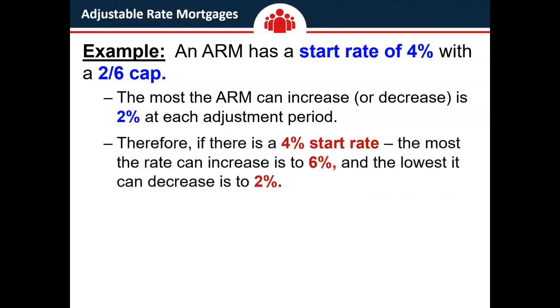So say if we have a start rate of 4%, the most that it can increase is another 6%, and the lowest that it can decrease to is 2%. You're starting with 4. It's scheduled to adjust. If the most it can go up is 2%, 4 plus 2 is 6. But what if you're starting at 4? What's the max it can go down? 4 minus 2 is 2.